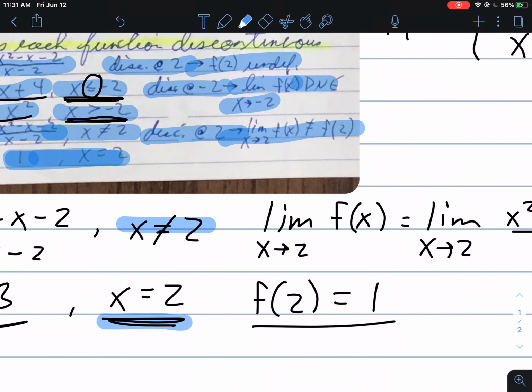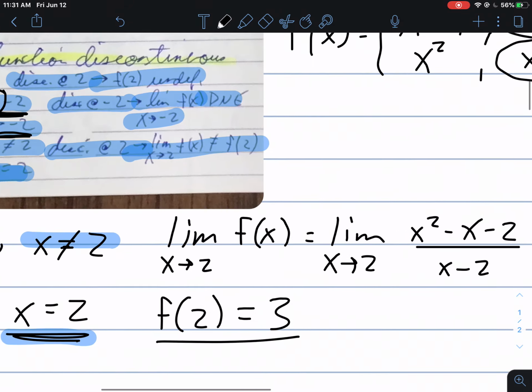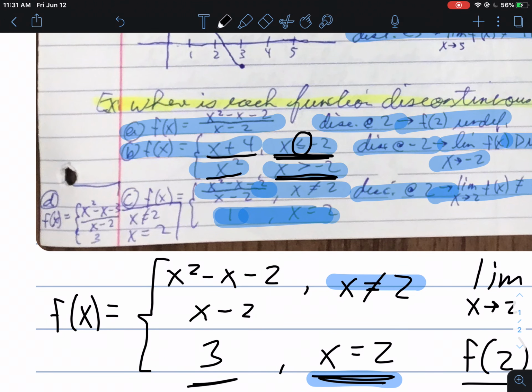And if f of 2 equals 3, then we now have continuity at 2, right? Because now that limit as x approaches 2 is the same as f of 2. And this function then would be continuous everywhere. Okay? We call that a removable discontinuity.